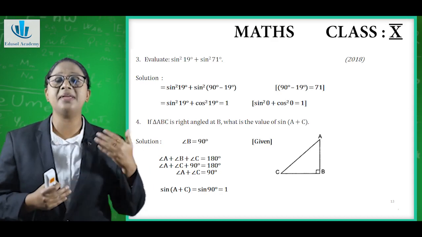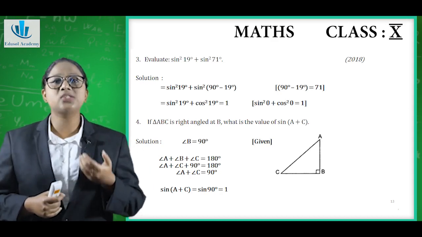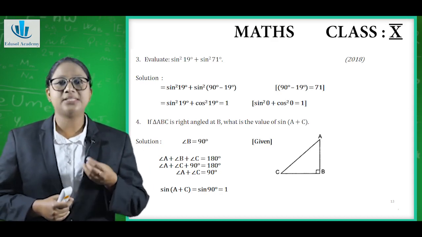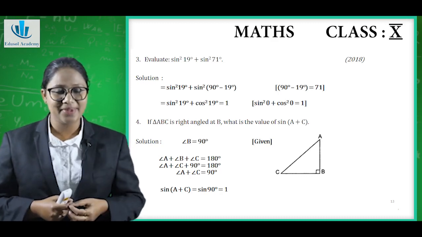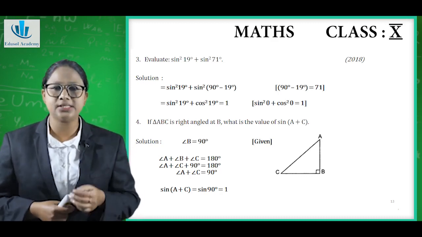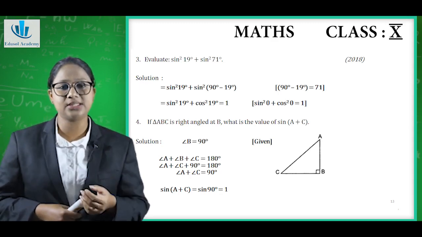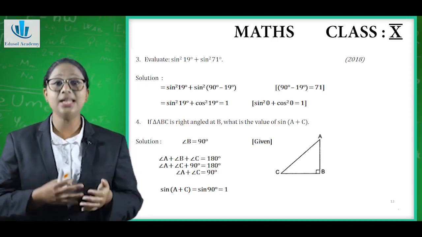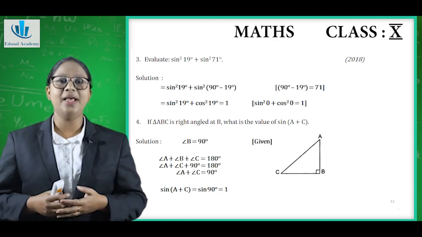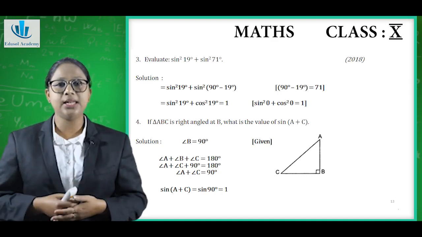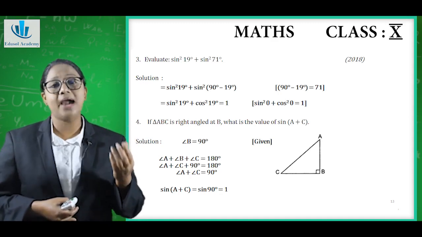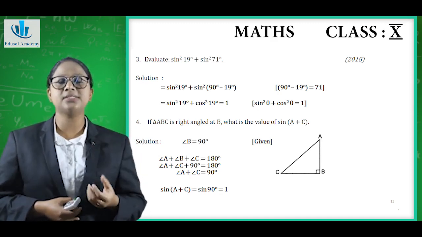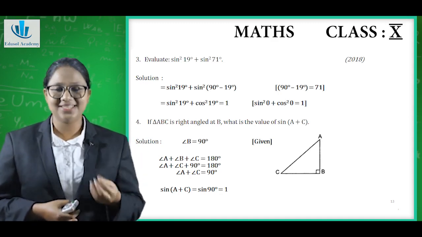So the equation will be rewritten as sine square 19 plus sine square 90 minus 19. Now what is sine 90 minus 19 or sine 90 minus theta? Cos theta. Sine, cosine, complementary sign. So sine square 19 plus the sine square 90 minus 19 can be written as cos square 19.